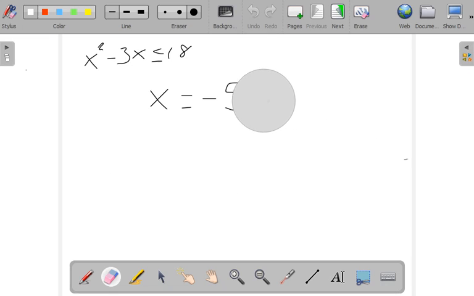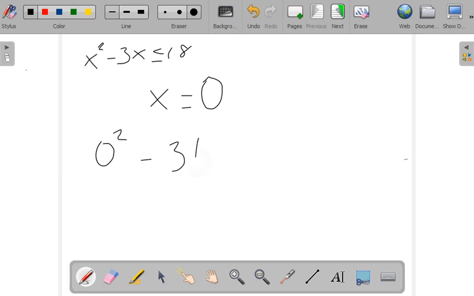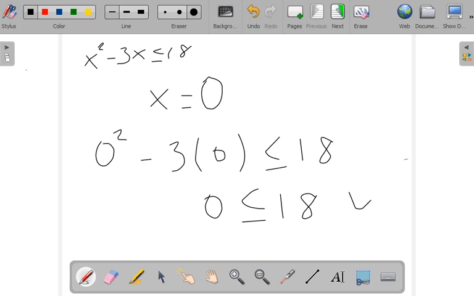And this time we're going to set x equal to 0 and test that to see if it makes the inequality true. So 0 squared minus 3 times 0 is less than or equal to 18. 0 is less than or equal to 18. This one is true.